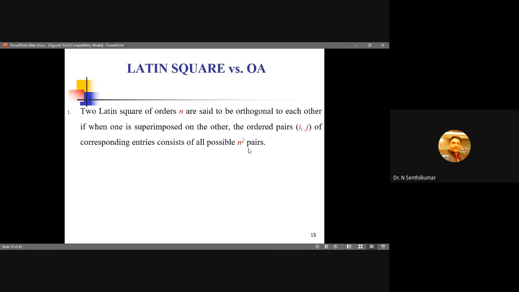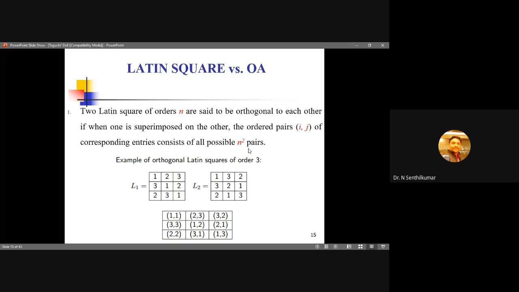Now, what he has done is, he superimposes one Latin square over another Latin square, so that he formulates the Latin square orthogonal design. This is the first Latin square: 1, 2, 3, then 3, 1, 2, then 2, 3, 1. Here also you can see each appears only once. This is another Latin square, and now I am going to superimpose.